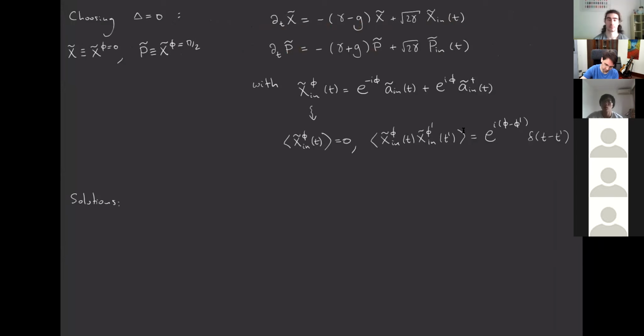And this gives us solutions that we can write in the following way. So I remind you that we have already worked a lot with this kind of linear equations forced by some time-dependent term, and they always look like this.